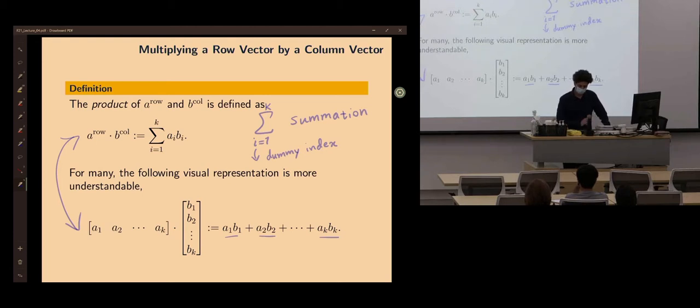So when you read this, you read it sum over i from 1 to K of A times B, for whatever is inside of that summation. And we talked about the colon equality sign means we are defining this multiplication. That's the definition.